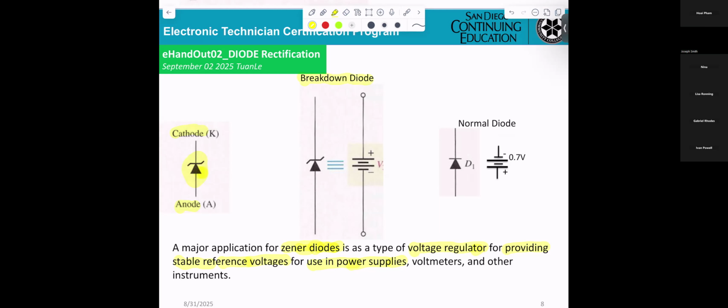When you go to buy a Zener diode, they will ask you what Zener voltage you want. And you have to say, okay, I want 5 volts or 12 volts or whatever voltage.